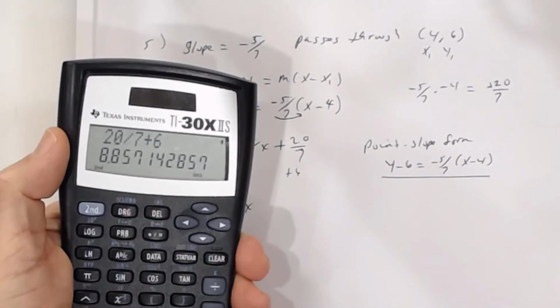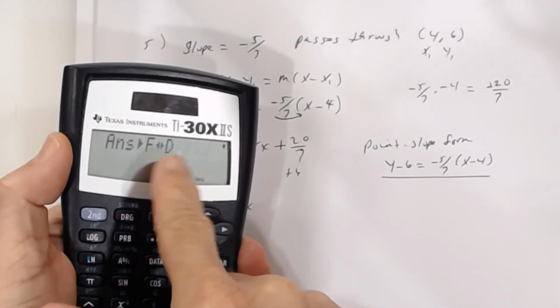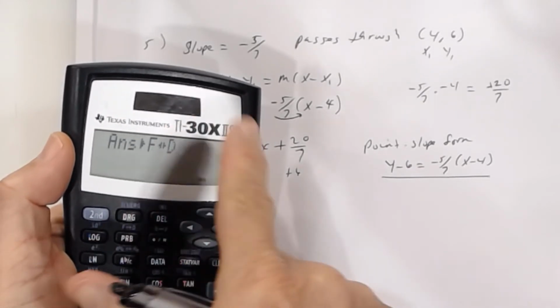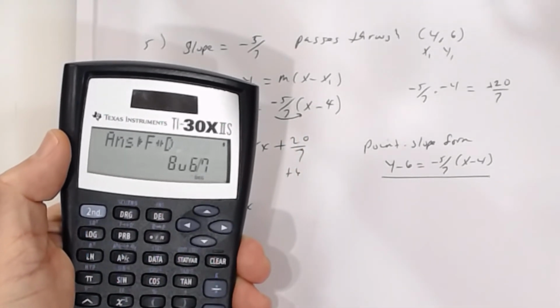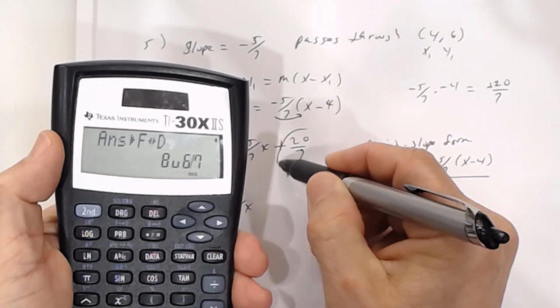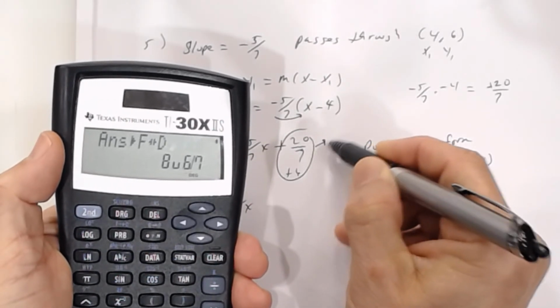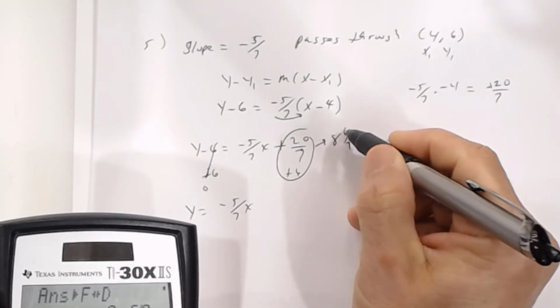Then you say second PRB, so F to D, D to F, so fraction to decimal, decimal to fraction. And then press equal, and there's my mixed number. So 20/7 and a positive 6 is 8 6/7.